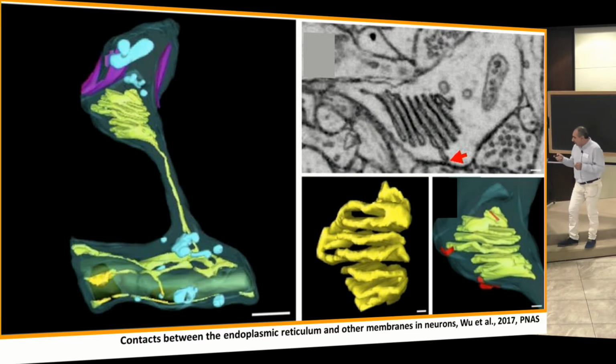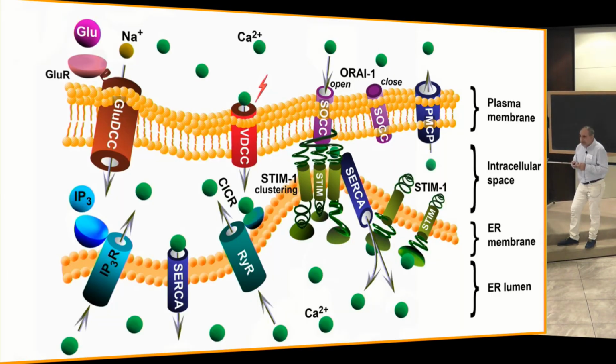Okay. Now I wanted to go back to a very ancient mechanism which was described yesterday by you, which is store-operated calcium entry, and the rest of my talk will be about this mechanism, and you will understand why it is so important, at least in my view.